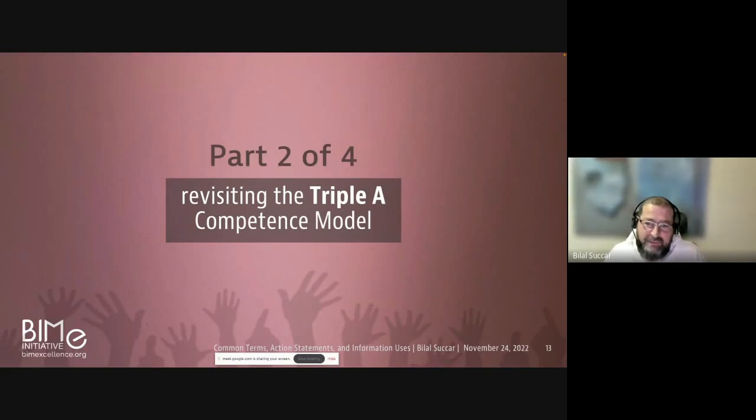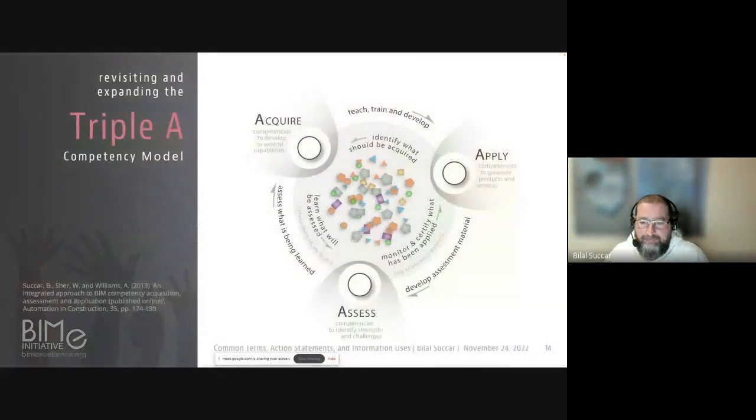Now, when it comes to competence modeling, as mentioned, in 2013 we published a paper, and that paper has really guided a lot of the work I do as part of my company, and also as part of the research community I'm part of.